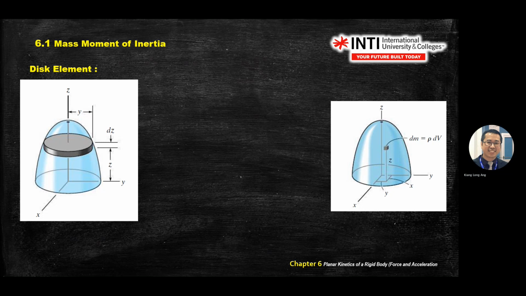What is changing? Is y changing or z changing? Z changing. Integrate dz. So pi y squared dz. You integrate z. For the shell, what is changing? Y changes. That's why you integrate y.